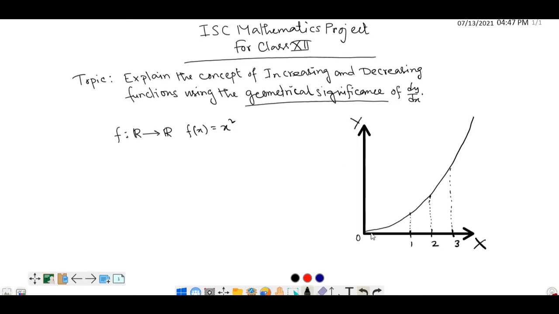So what you can say, as x increases along the x-axis, then the value of f(x) will also increase along the y-axis.